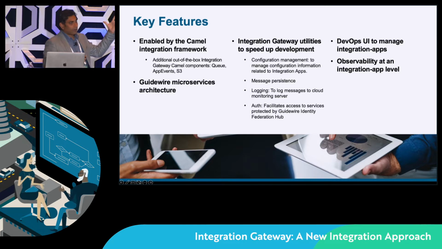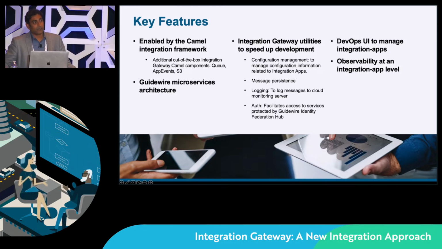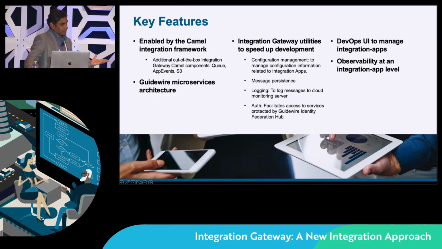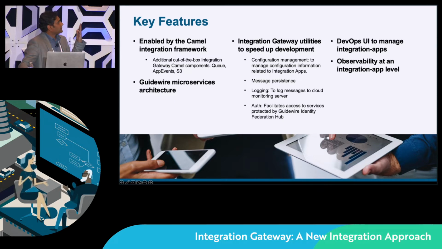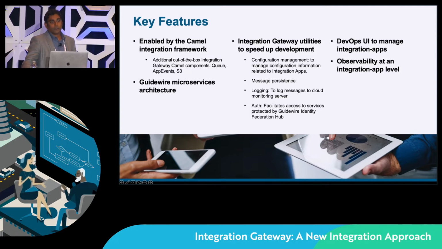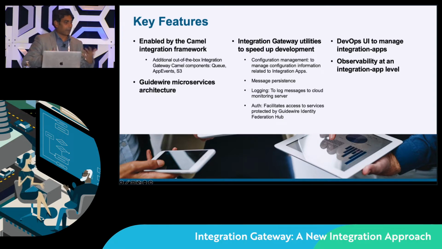Now, why do we build our own components on top of this, right? Honestly, it's not like we want to build more components, but if we see gaps or we can provide additional value on top of the existing Camel components, we want to do that. As an example, S3, right? When you're working with S3 buckets, it's a pain to give the bucket name and everything, right?